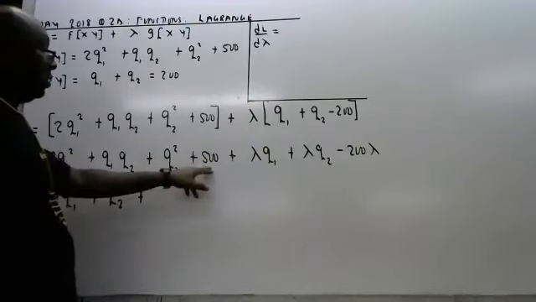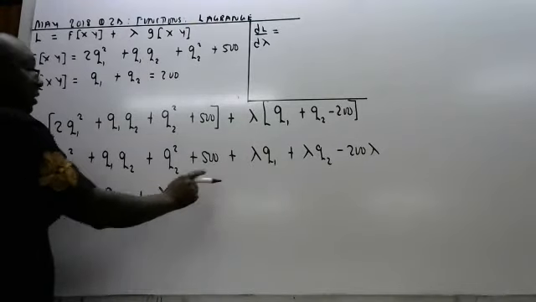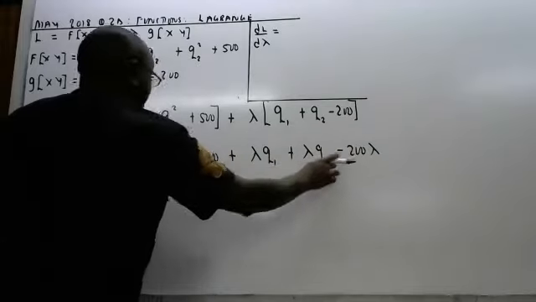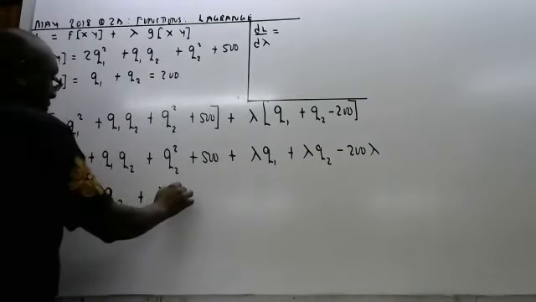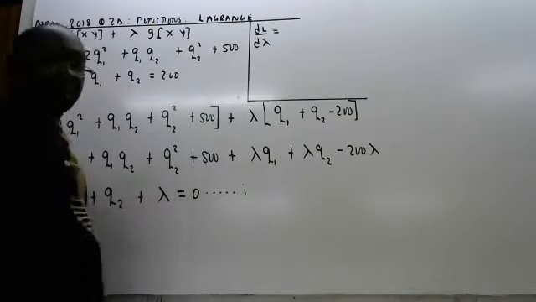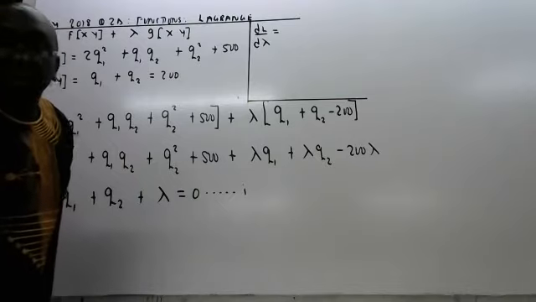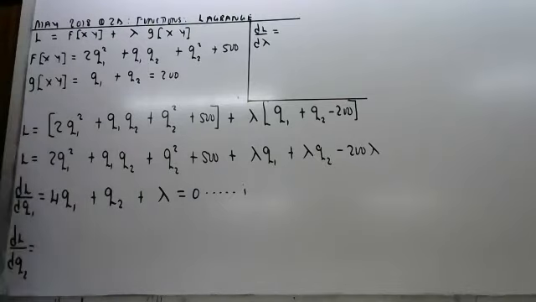This one we are left with plus lambda. These are zeros. And then you say this is 0, and you call it equation number 1.